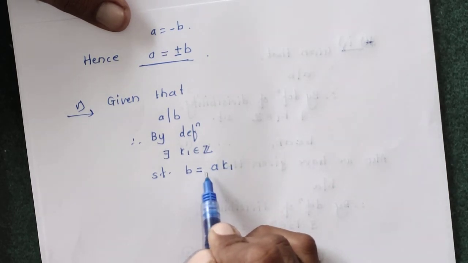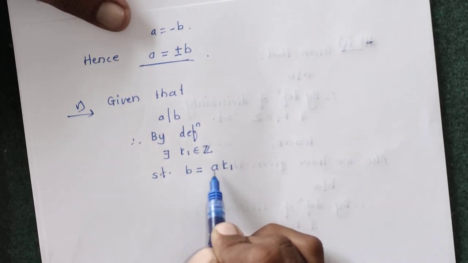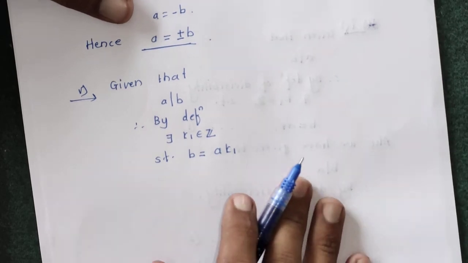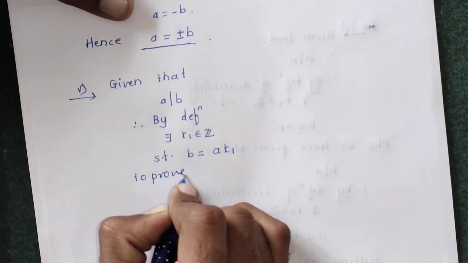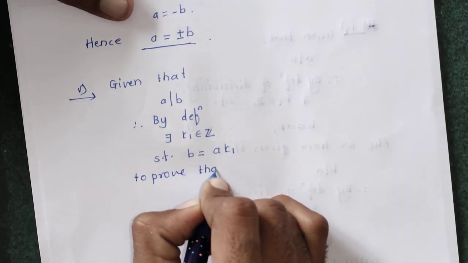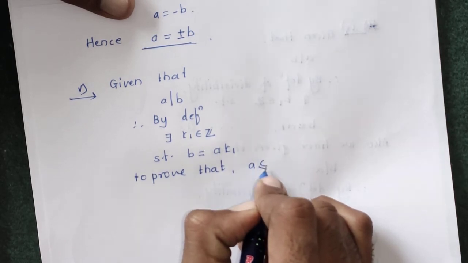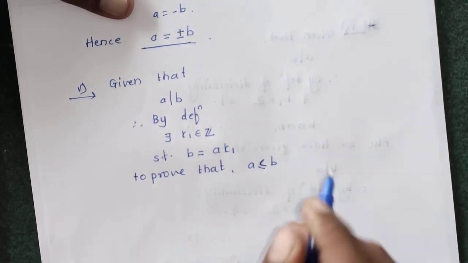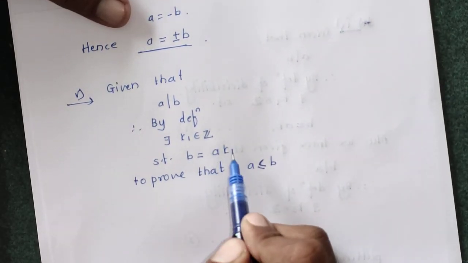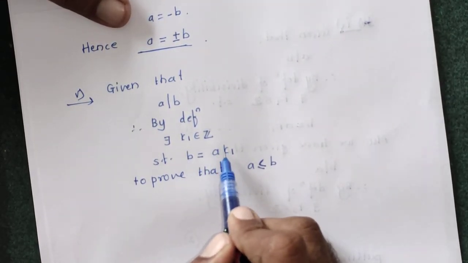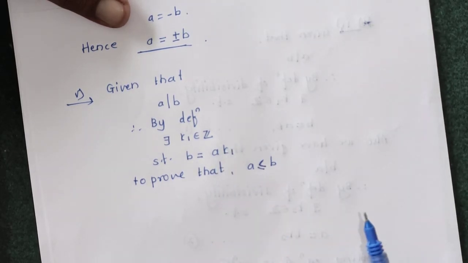If K1 is equals to 1, then we get B is equals to A. We have to prove that A is less than or equals to B, or B is greater than or equals to A. Since B and A both are positive and B is a multiple of A, this K1 must be a positive integer.